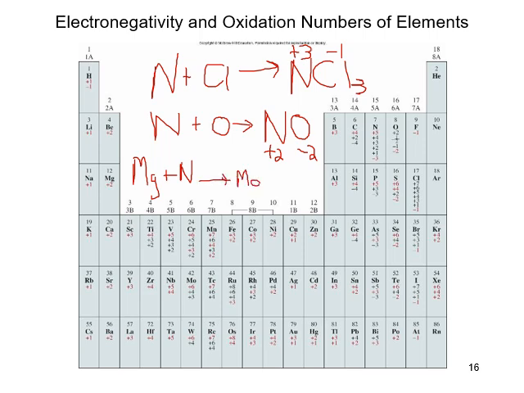Now notice the shift. The formula for magnesium nitride is Mg3N2. Now what's the oxidation number on nitrogen? It is -3 versus magnesium, which is +2. Those are oxidation numbers. Nitrogen was more electronegative than magnesium, hence the oxidation numbers as indicated.